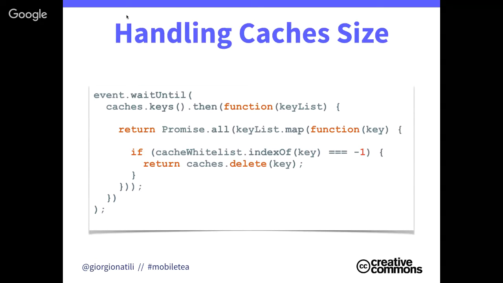The app is starting, and then if the app goes offline, I handle the previous request. It's pretty simple. You access the cache, and when you get the key list that you have in the cache, you go through all of them with Promise.all and with the map method of the arrays, and you remove everything.